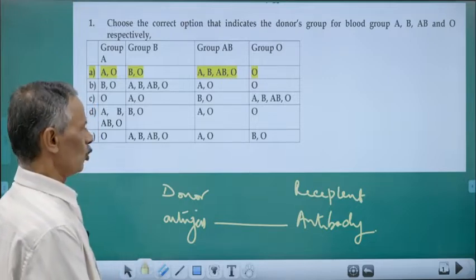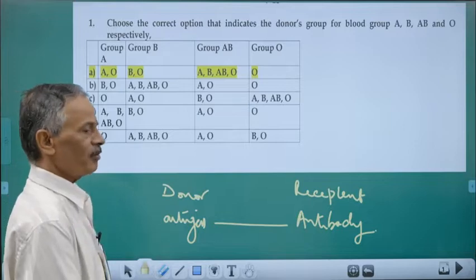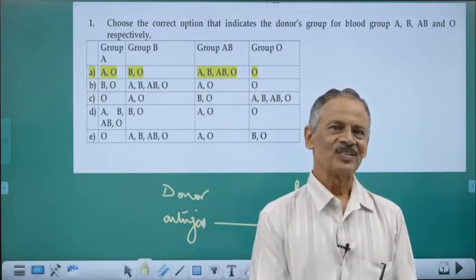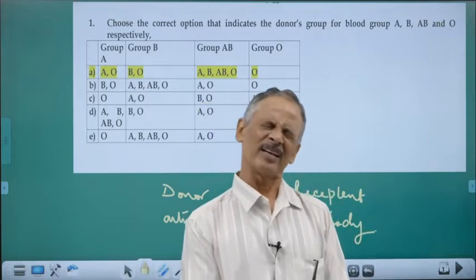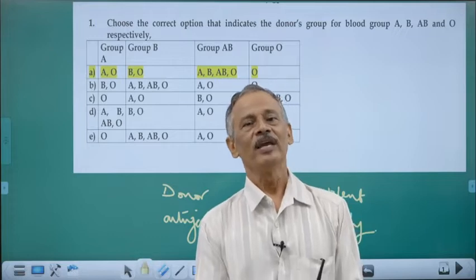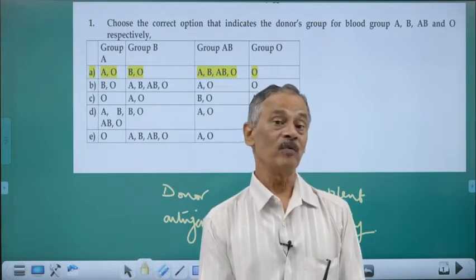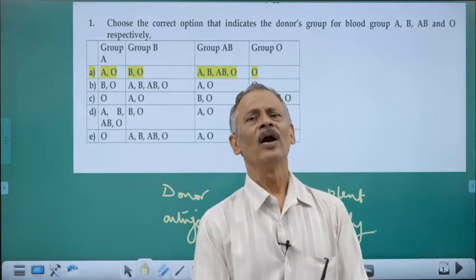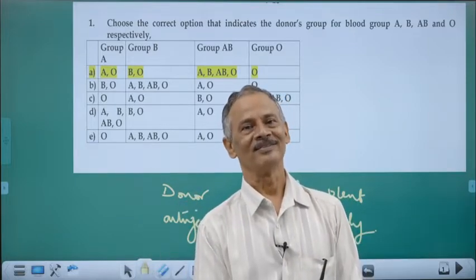And AB group. See, AB group is having both antigens but having no antibody. Since he is having no antibody, he can receive blood of any group from any person. That's why AB is usually called universal recipient, because he is having no antibody at all.